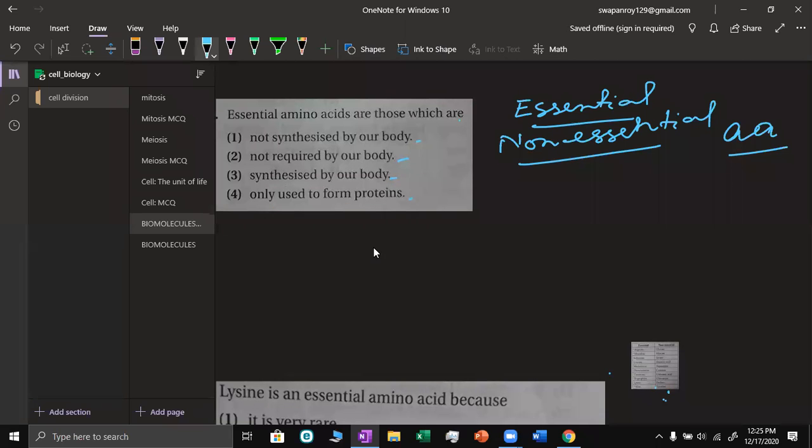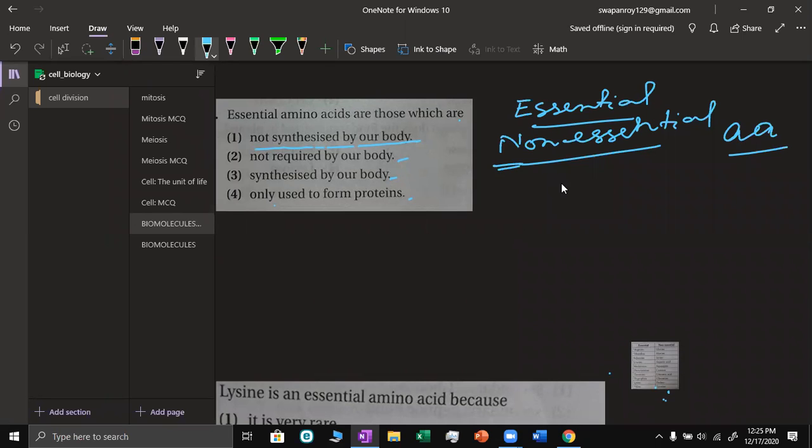Option 1. Number one, not synthesized in our body. These are the amino acids which the animal body mainly cannot synthesize. So we have to take them from outside, through our diet, through our food.